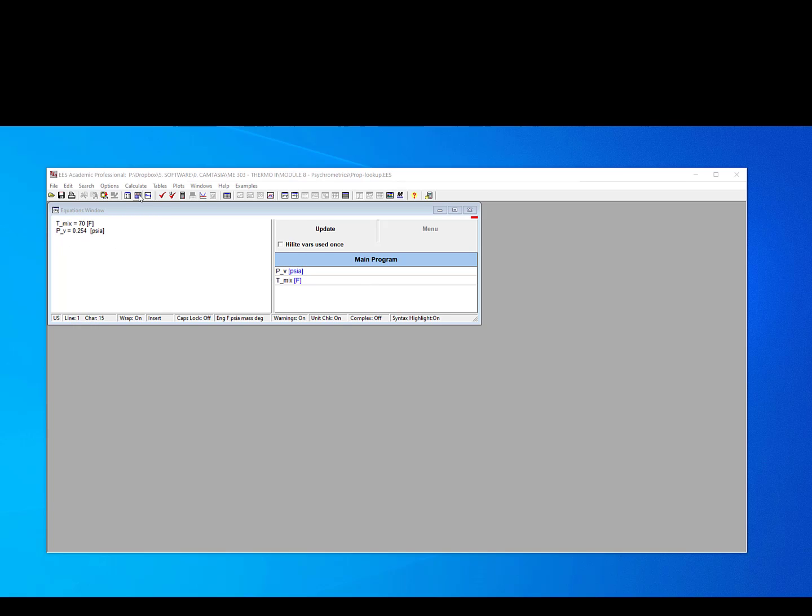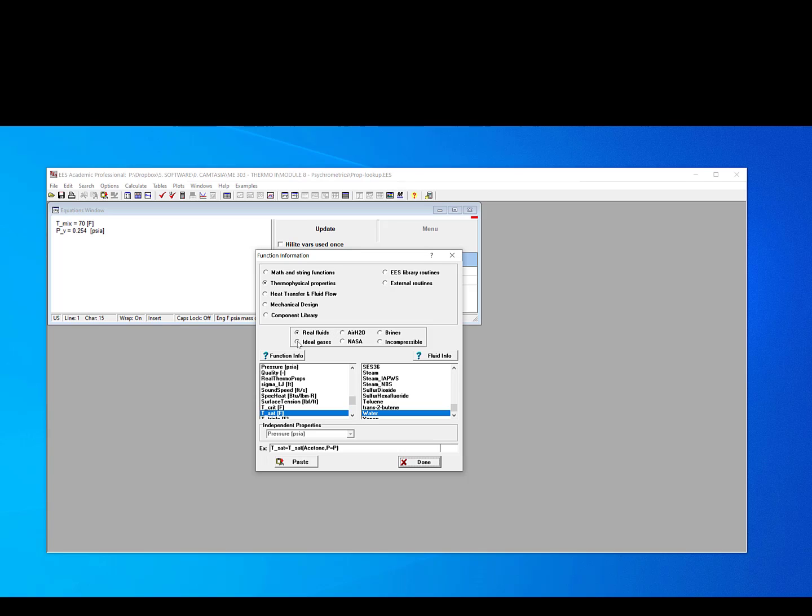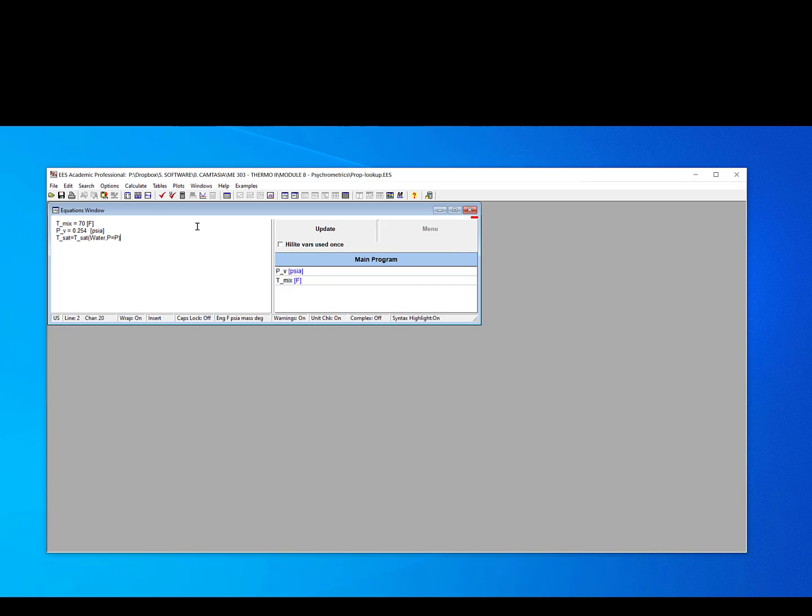Here's another way to do this. We're going to repeat that last exercise here using EES. So our mixture temperature is 70 F, and our partial pressure for the vapor is 0.254, we found.